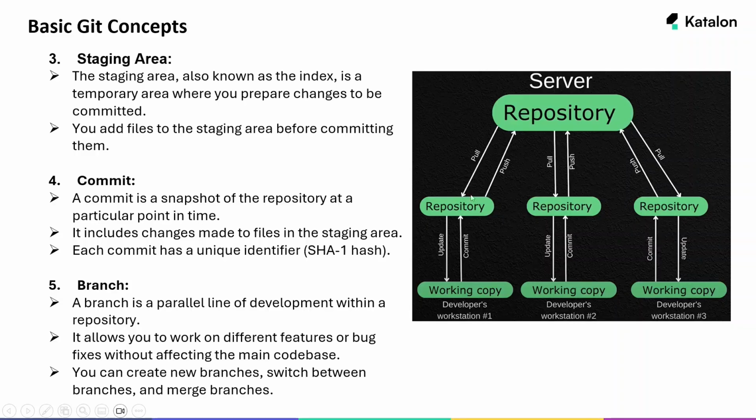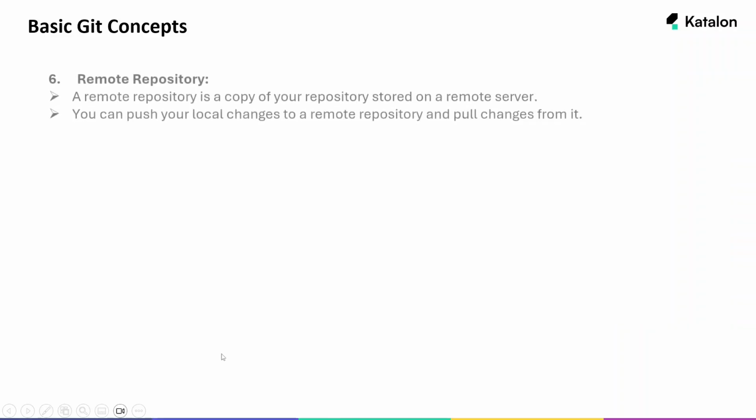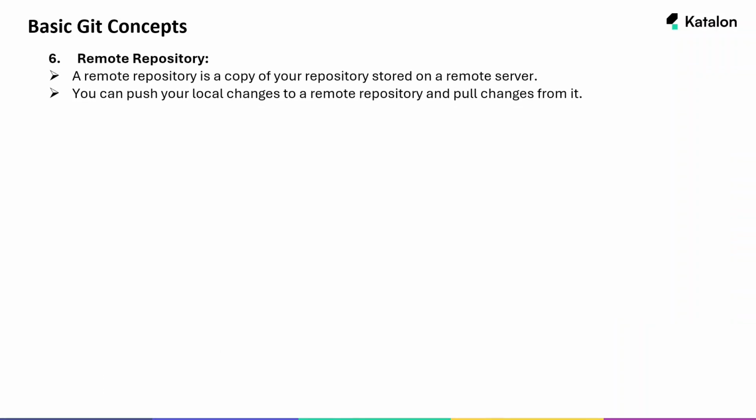So once code changes are ready in the repositories, you can push those changes to the main repository or master branch. Remote repository. A remote repository is a copy of your repository stored on a remote server.